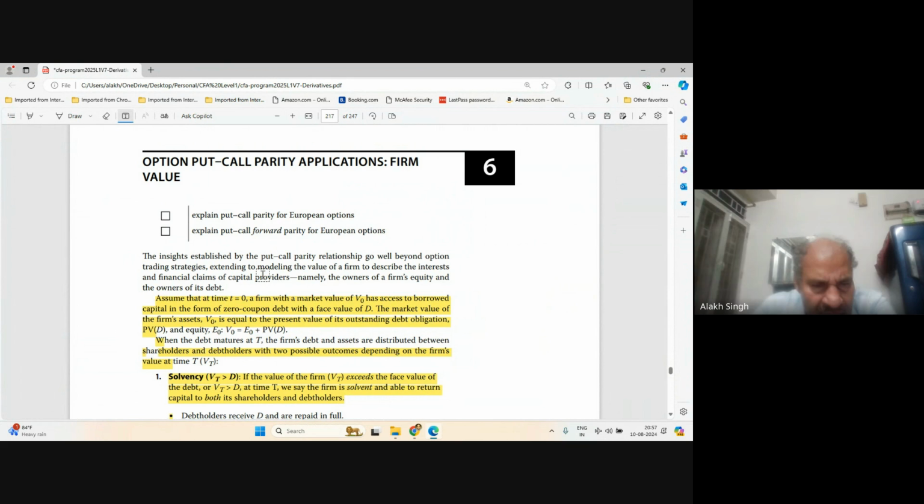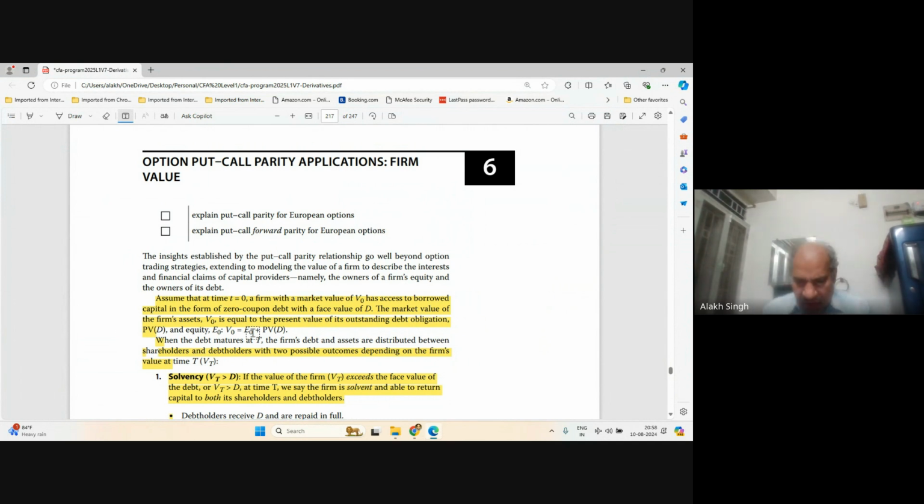So the insights established. Put call parity, we have done this very well. We linked it with forward as well, forward put call parity. Now, the value of the firm is equal to equity of the firm plus debt.